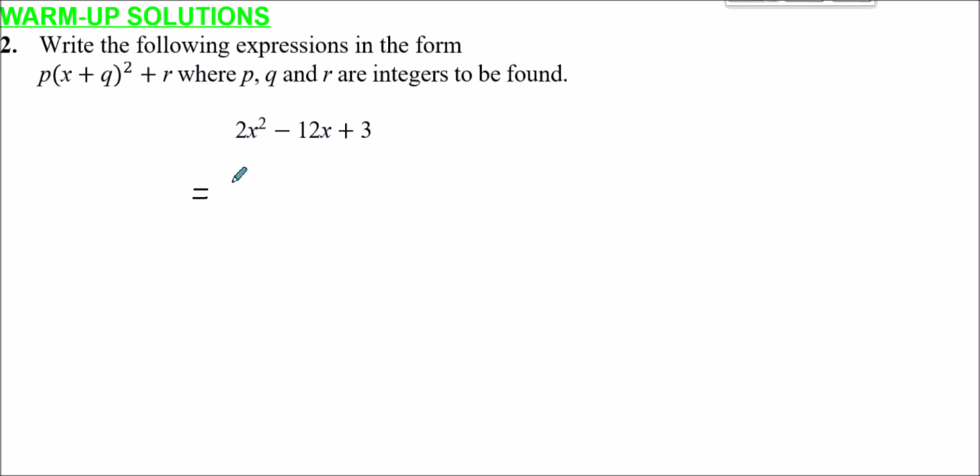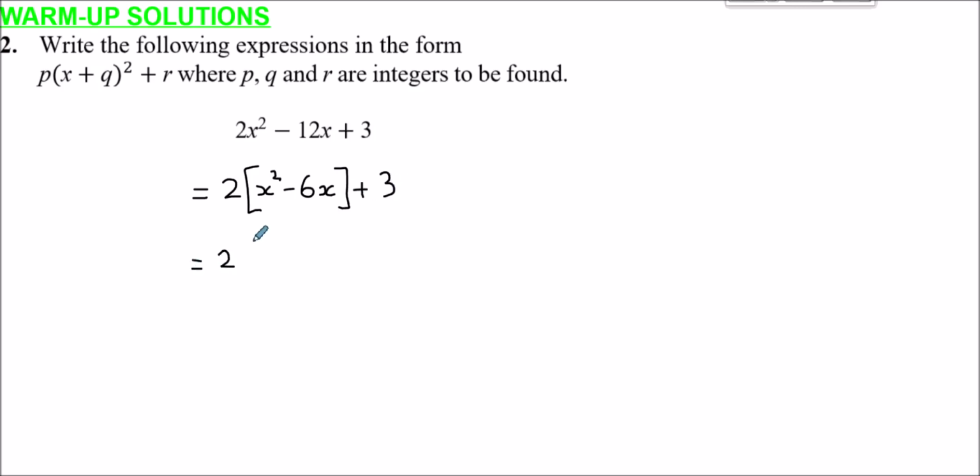So we need to factorise out this 2 from anything to do with the variable. So we factorise out the 2 from the x squared, and we also need to divide this by 2 as well. So the minus 12 becomes minus 6x. We're going to leave this plus 3 at the end for now, so we're not going to worry about this plus 3 until the last step.